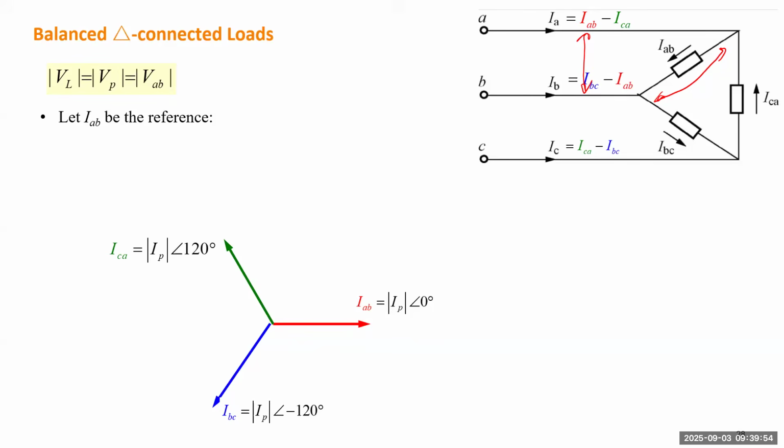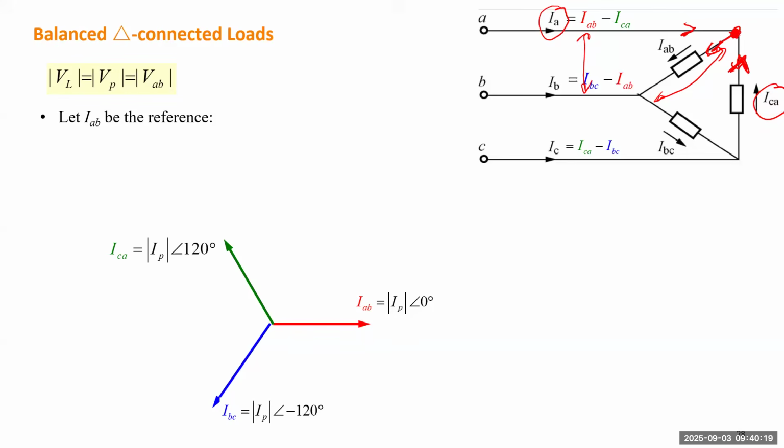And next, from Kirchhoff's current law, if we look into this point, there are two currents coming in. One is IA, the other is ICA. And there is one current coming out, which is IAB.